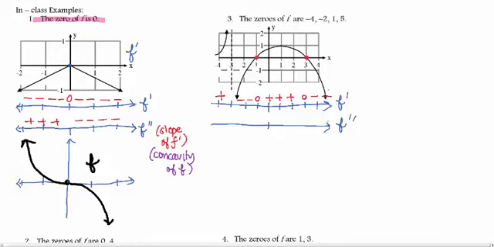So now f double prime, that is the slope of what we're looking at right now. Okay, so we have positive slope on the left, positive slope all the way till we hit 1, and it's 0 slope because it flattens out and turns back down. And you've got negative slope all the way through.